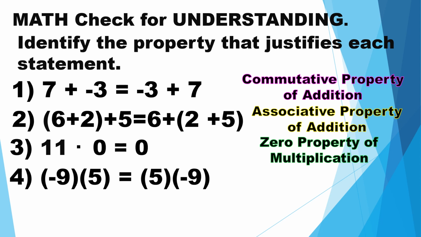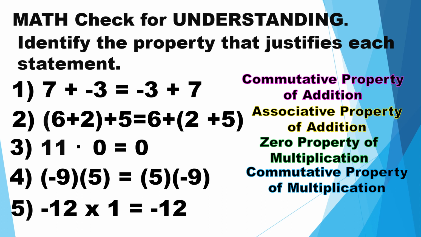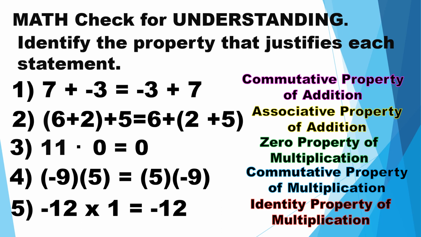Number 4, negative 9 times positive 5 is equal to positive 5 times negative 9. That is commutative property of multiplication. Number 5, negative 12 times 1 is equal to negative 12. That is identity property of multiplication.